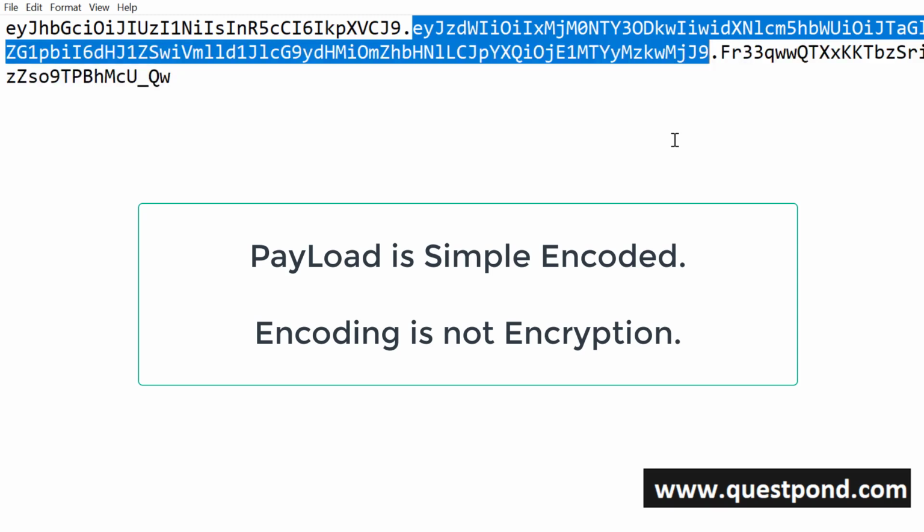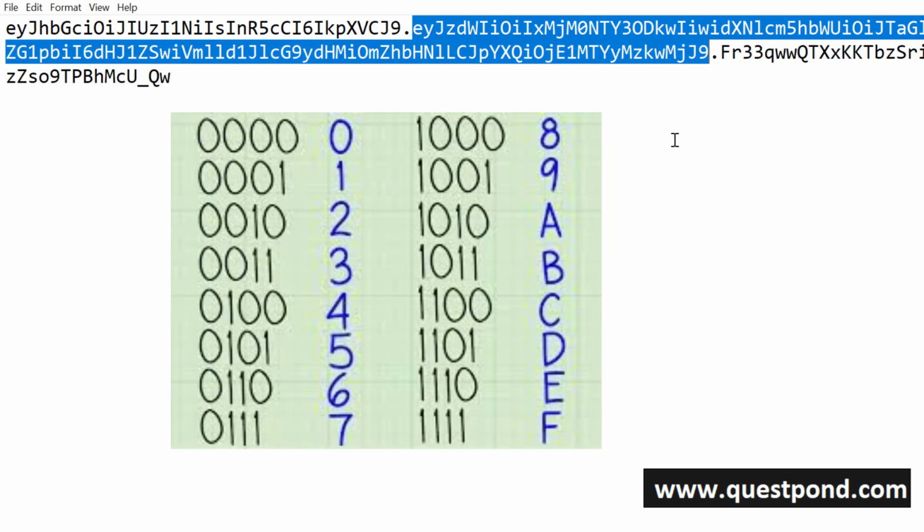Encoding means you are transforming data from one format to another format. For example, if you're transforming data from binary to hexadecimal, then you can say that this is hexadecimal encoded, or this is binary encoded. So encoding means you are just transforming data from one format to another, while encryption means you are using a secret key, you are using some logic like RSA or HMAC and so on, right? So those two things are different.